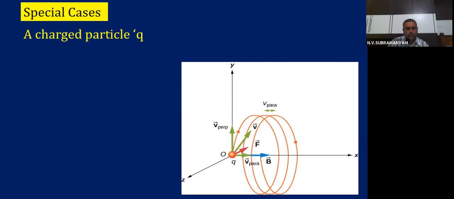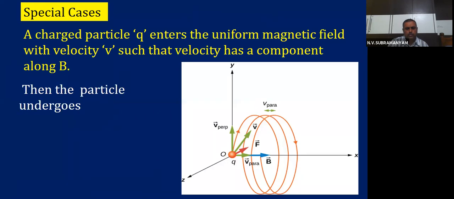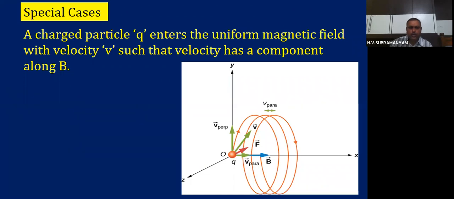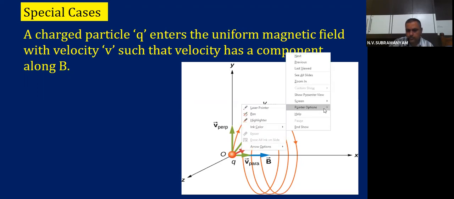A charged particle q enters the uniform magnetic field with velocity v such that the velocity has a component along the B direction. If you look carefully at the diagram, your magnetic field is like this. Let me mark it for you, children, so that our explanation will be clear.